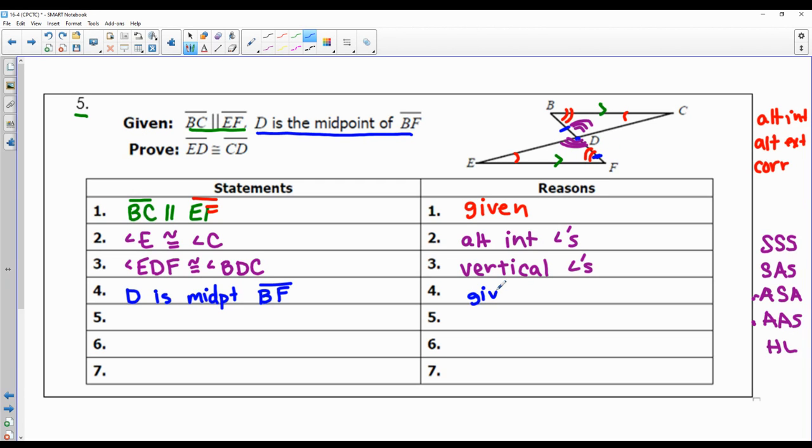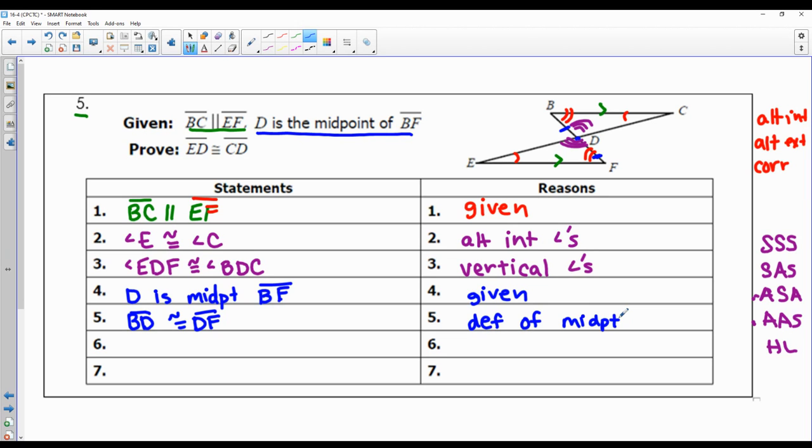Sorry, this was a given. And then we're going to go ahead and say, well, that means that it cuts it in half. So the distance between B and D is going to be congruent to the distance between D and F. D and F right here, that's just what a midpoint does. So that's the definition of a midpoint.